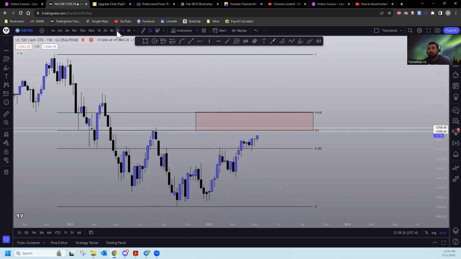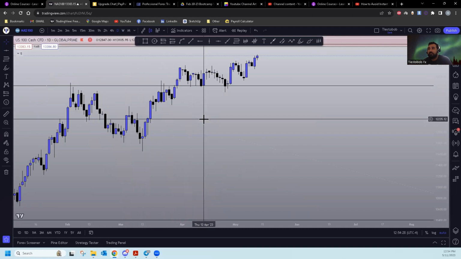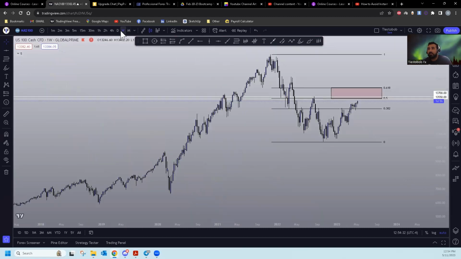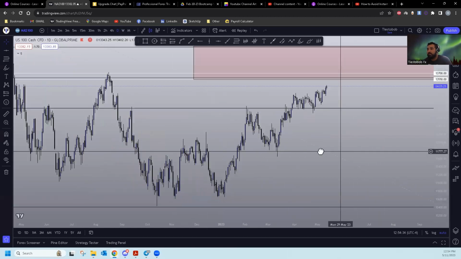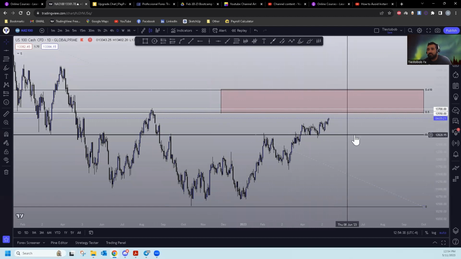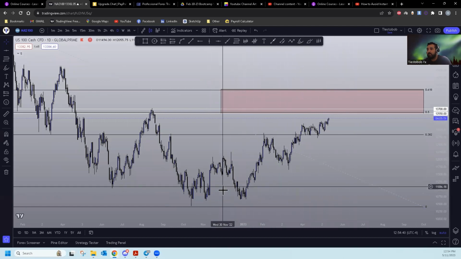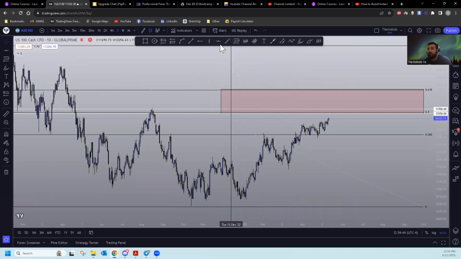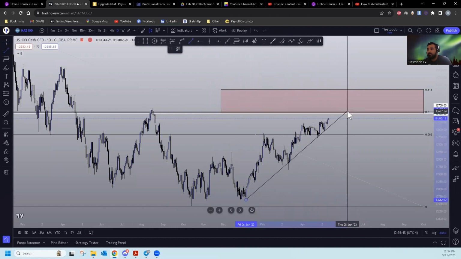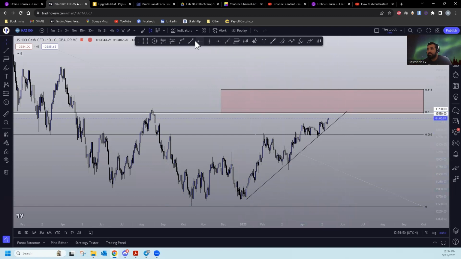Now, let's drop down to the daily. What do you see on the top? On the daily, what do you see here? We see some sort of a rally up into this area, right? We see a bullish trend. If I could just draw my trend lines, we see this wedge forming in a way.